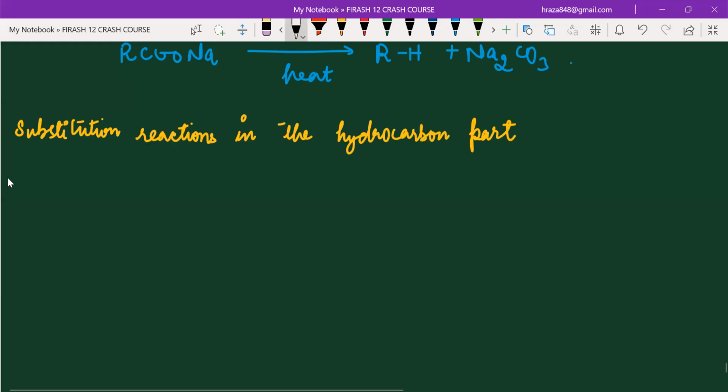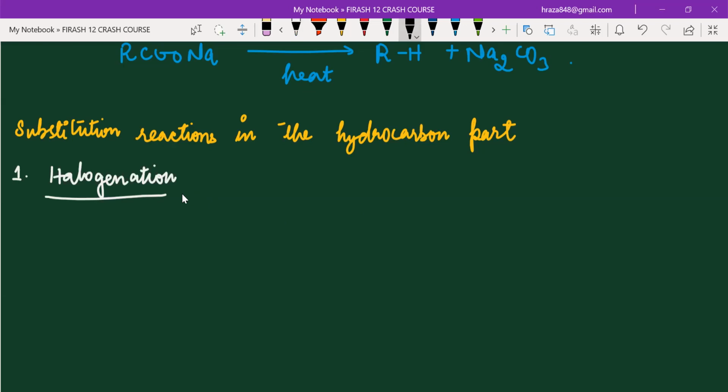So as you can see, in this, the first one is halogenation. So basically, any carboxylic acid having alpha hydrogen will be replaced by halogen. That is this type of reaction, which is also known as Hell-Volhard-Zelinsky reaction.